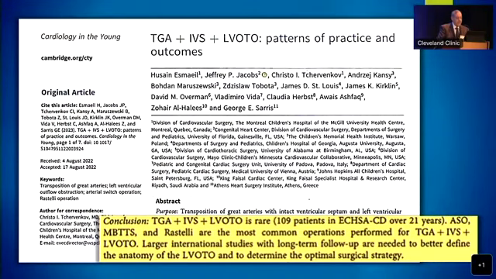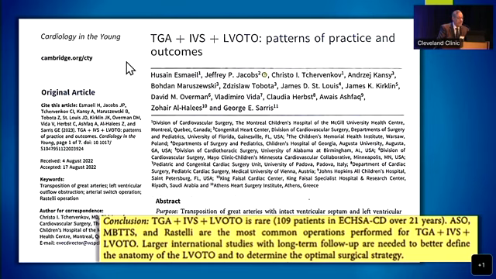It's interesting that TGA with intact ventricular septum and left ventricular outflow tract obstruction can rarely happen. Recently there was a collaborative effort headed by the World Society for Pediatric and Congenital Heart Surgery to look at this problem.